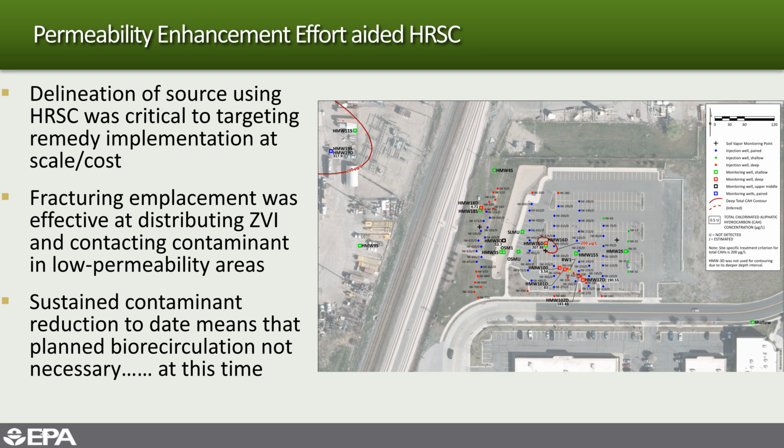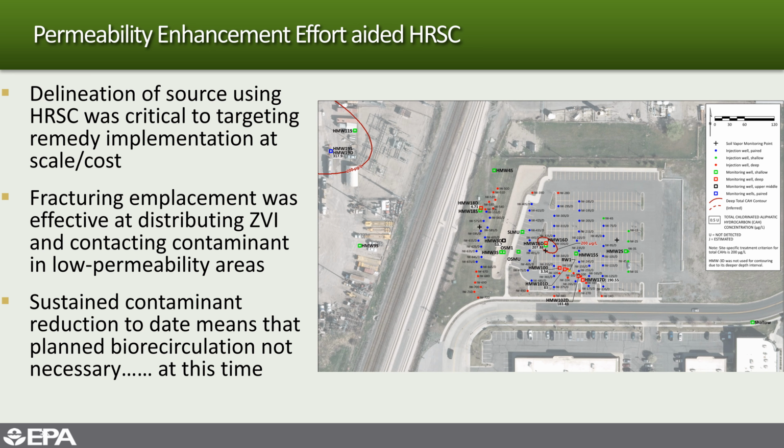All those things mean that at this time, the planned biorecirculation, which included some injections and then recirculation of that water across the zone, so recirculating the water from just up gradient here, probably, and then pumping it back up through these source zones, is the next step.